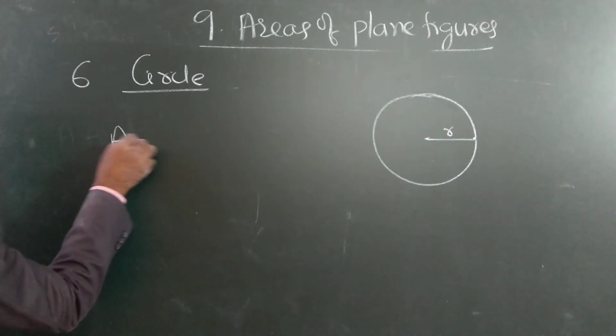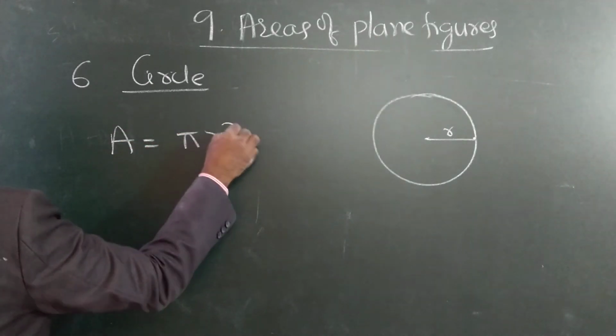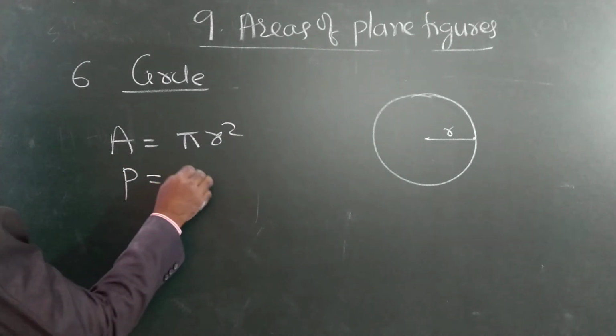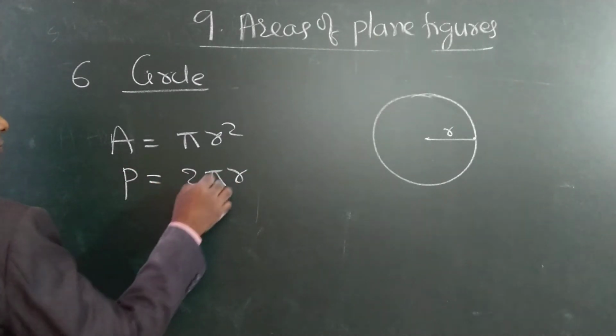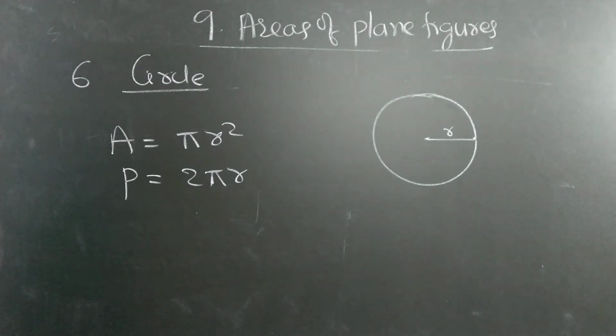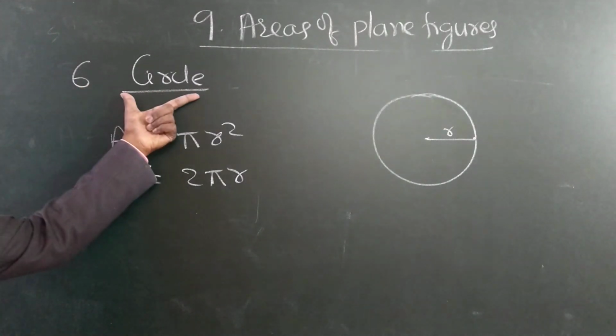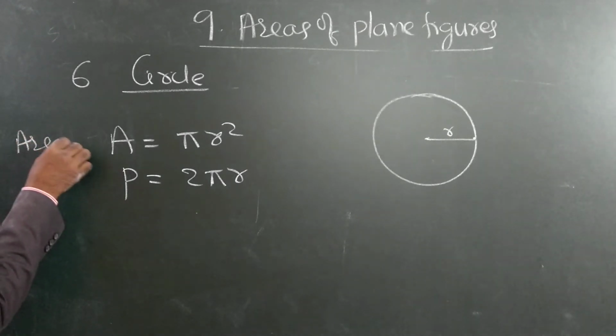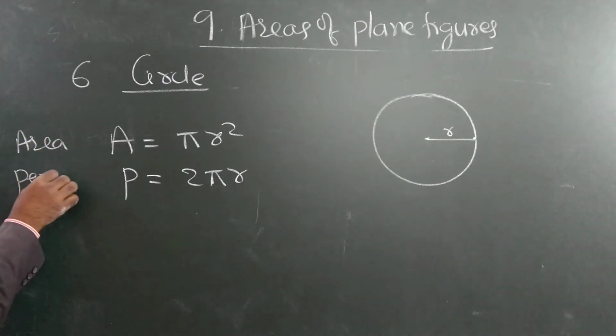So area of circle formula is pi r square, where pi is 22/7, and perimeter of circle is 2 pi r. Write down the heading circle. Write these two formulas: area, perimeter.